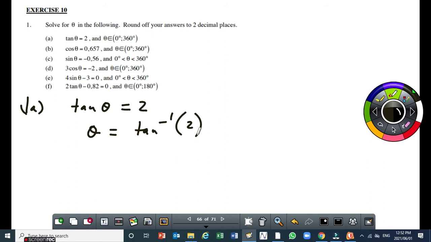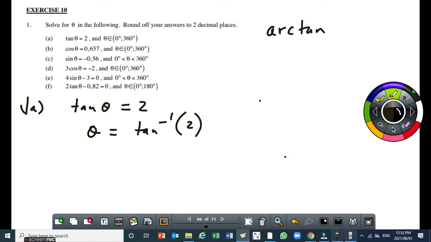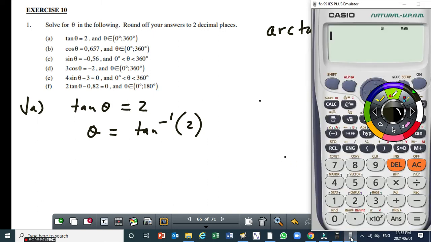But the correct mathematical terminology is arctan, that is tan to the power minus 1. Okay? But we just say shift tan because that's how you do it using a calculator. So make sure you've got your own calculator. Alright? So you go to your calculator.